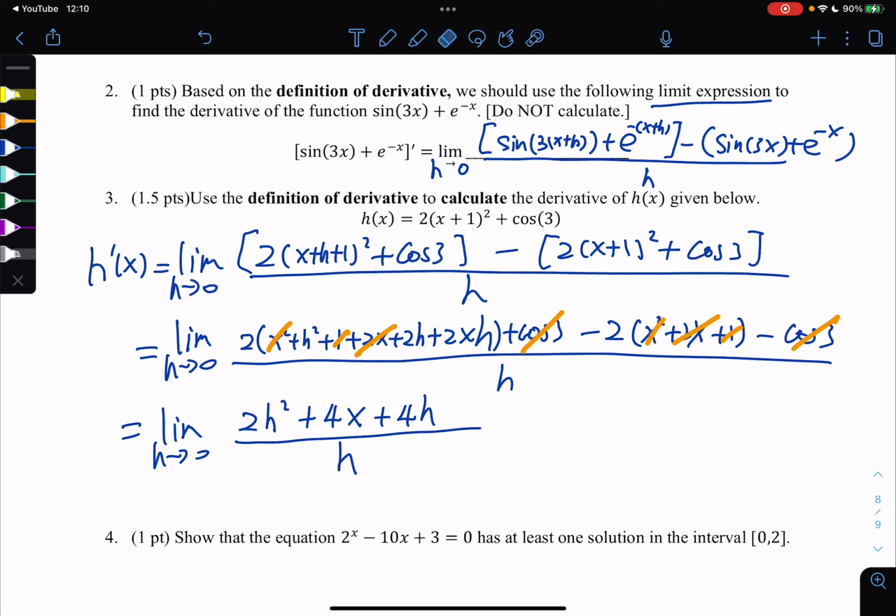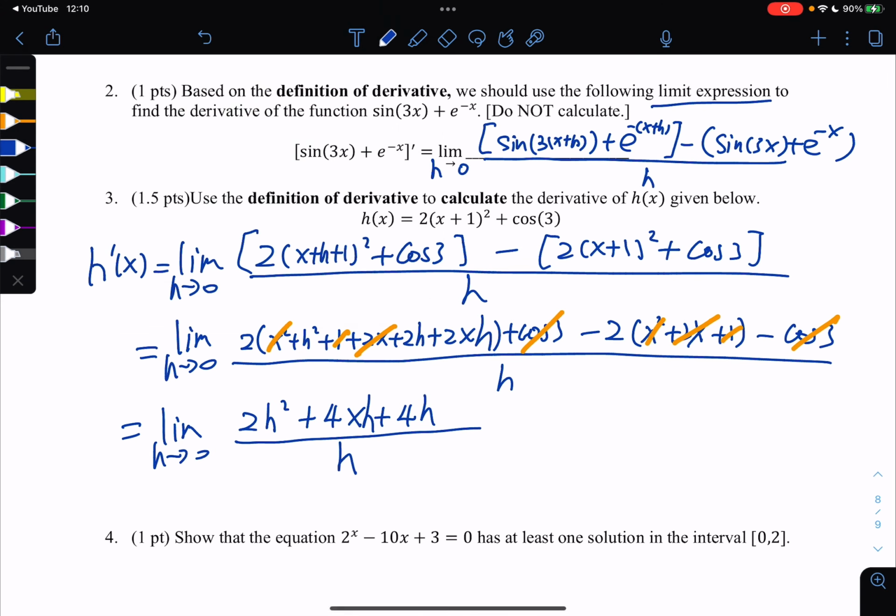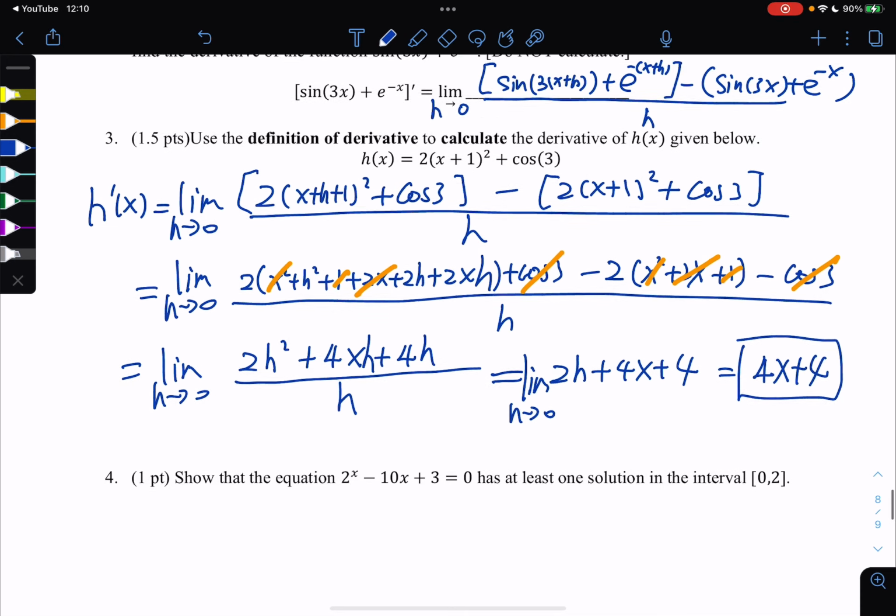So what I have left is 2h squared and 4h, and the 2 times 2xh, which is supposed to be 4xh. So if you look at this, you can cancel the h term. So what you have left is 2h, 4x, and 4, where h goes to 0. So you have 4x plus 4 as your final answer.